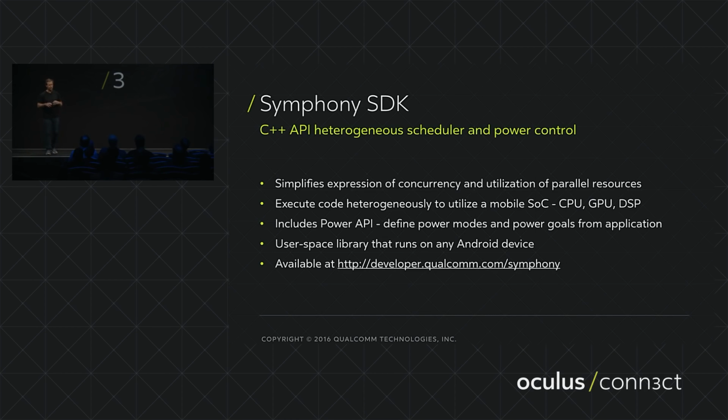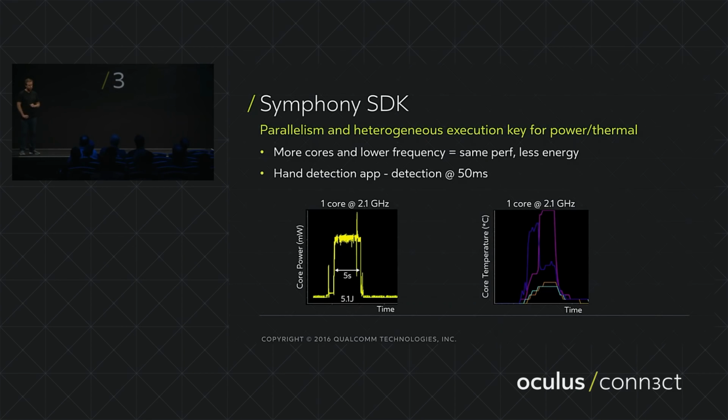It will take care of the scheduling, the power management, finding the most optimum way to execute your code. It also has a power API that you can use to set different power modes, which will impact the clock frequencies. And it's a user space library. You can also download it for free from our developer portal.